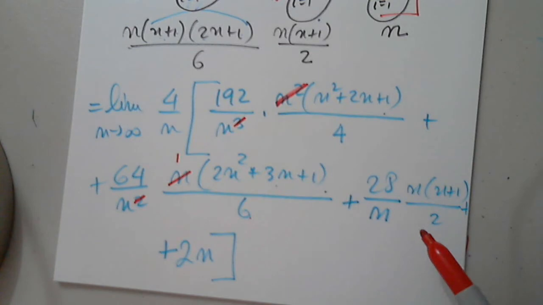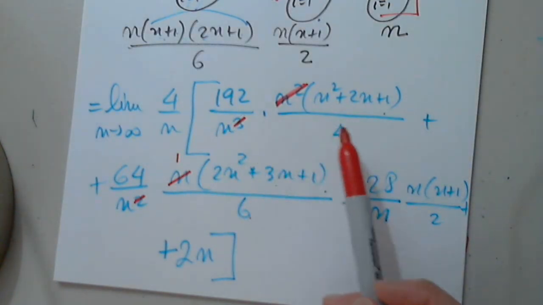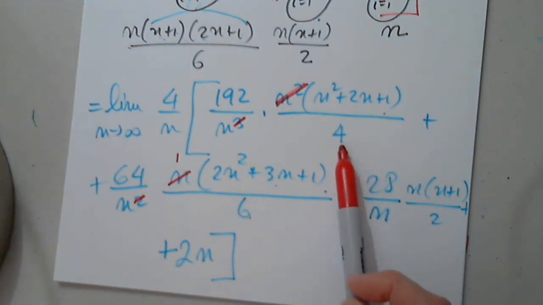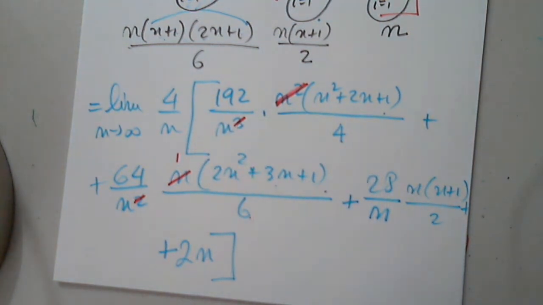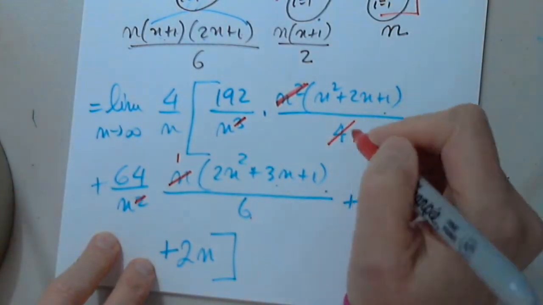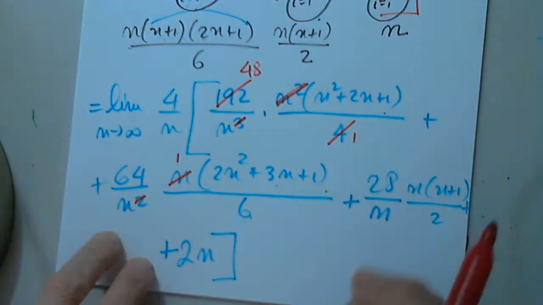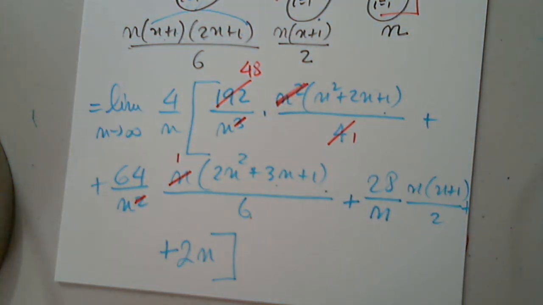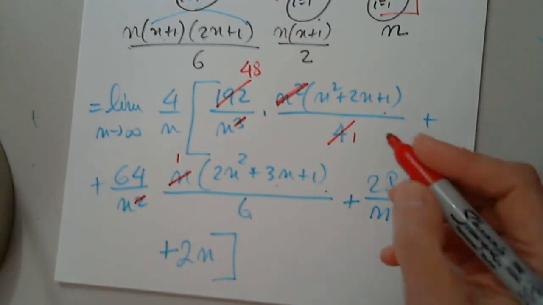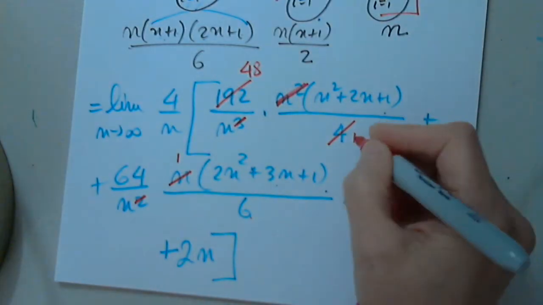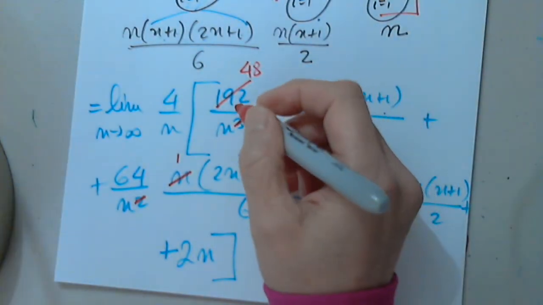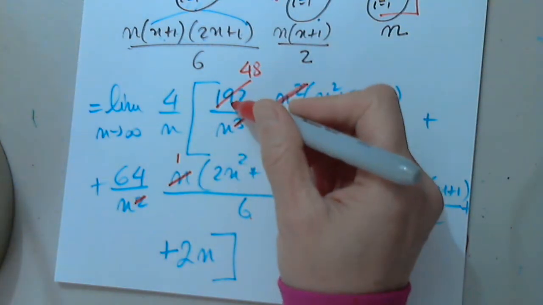So the least common denominator will still be 6. Is 192 divisible by 4? Yes, it is. But I still have to multiply by 6, so maybe I should only simplify by 2. So what is this? 96.